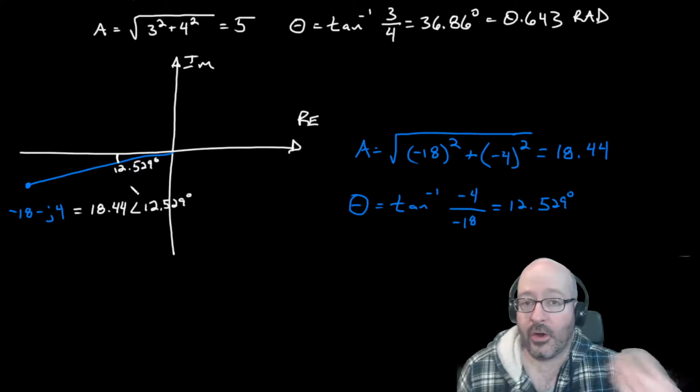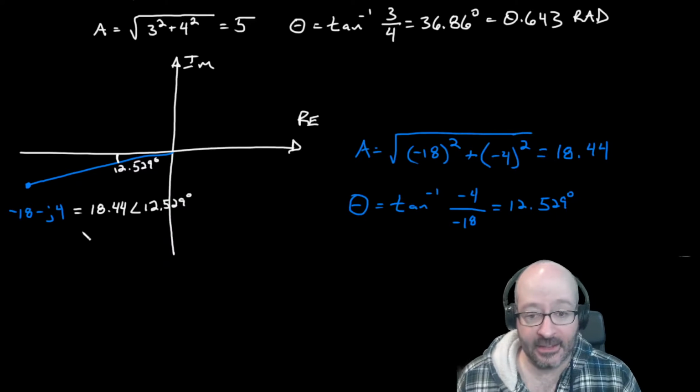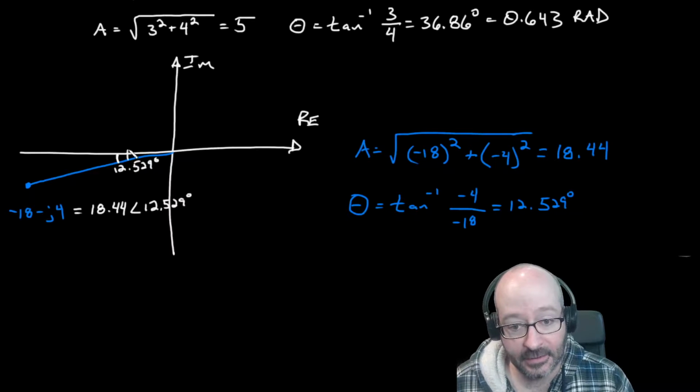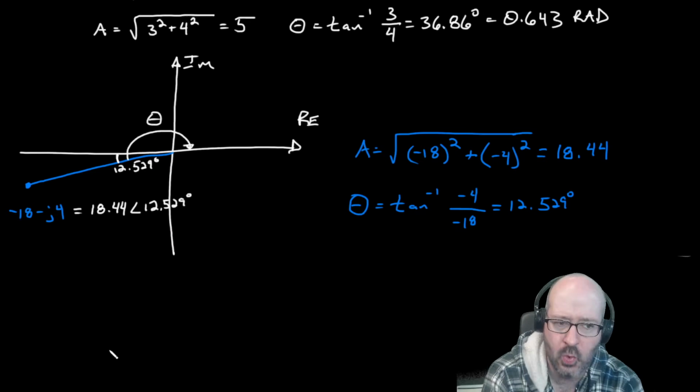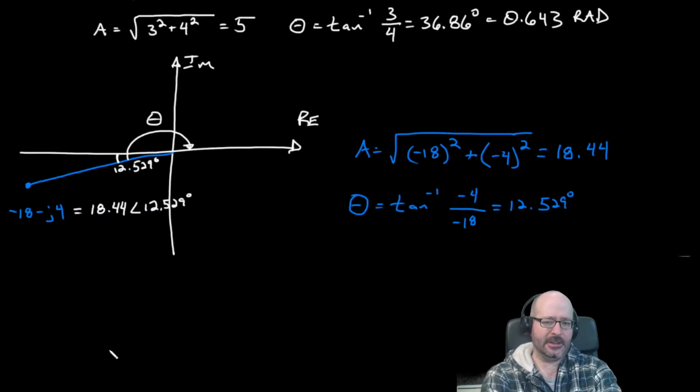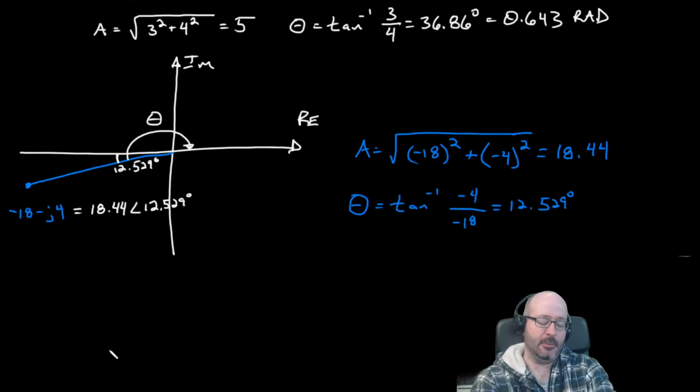But what we're interested in when we're representing these using complex numbers, we're interested in this one. Okay, that's what we want for theta. So we have to consider what quadrant it's in. And you probably learned this at some point and then completely chucked it out of your brain when you didn't need it anymore.